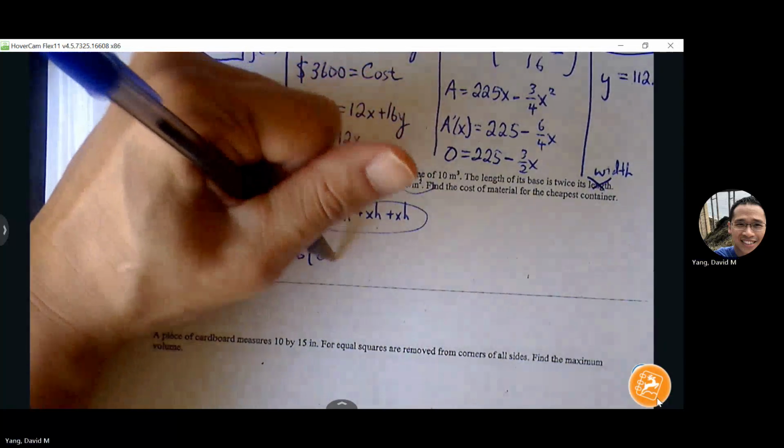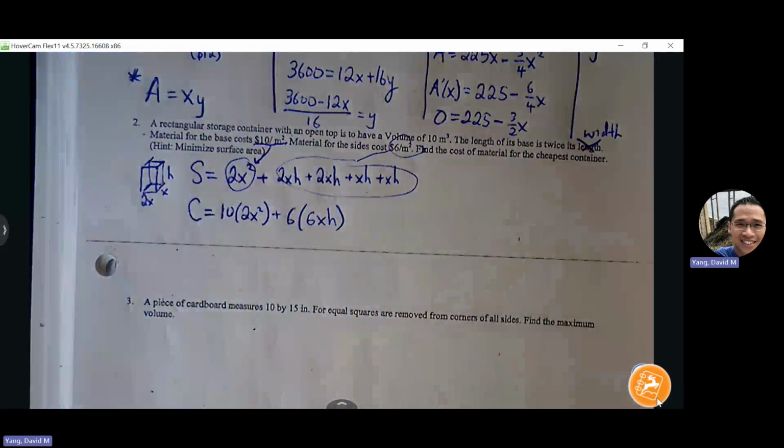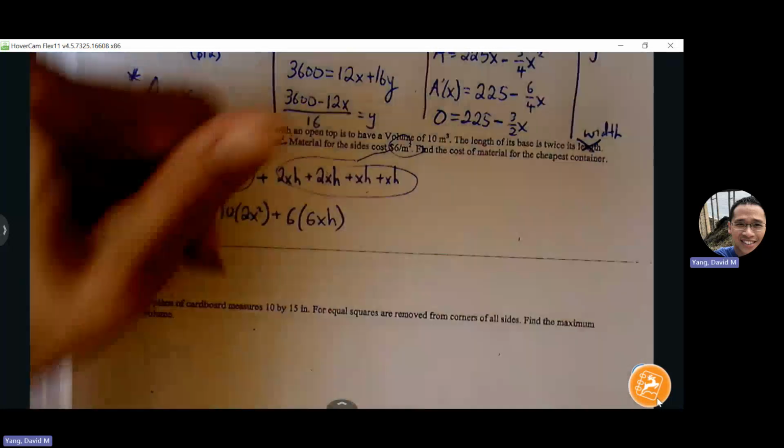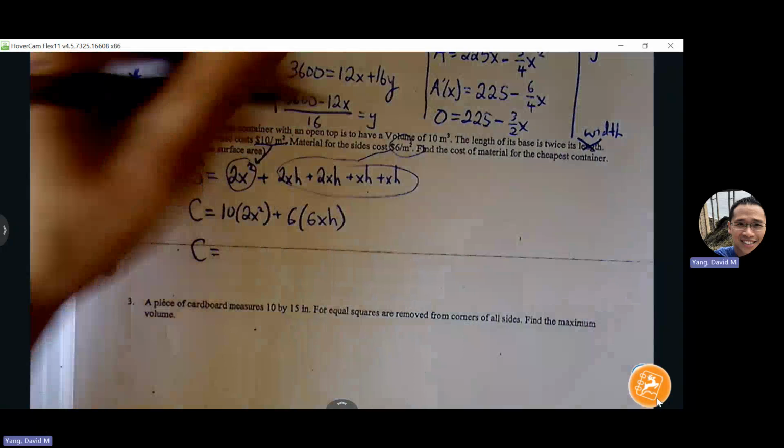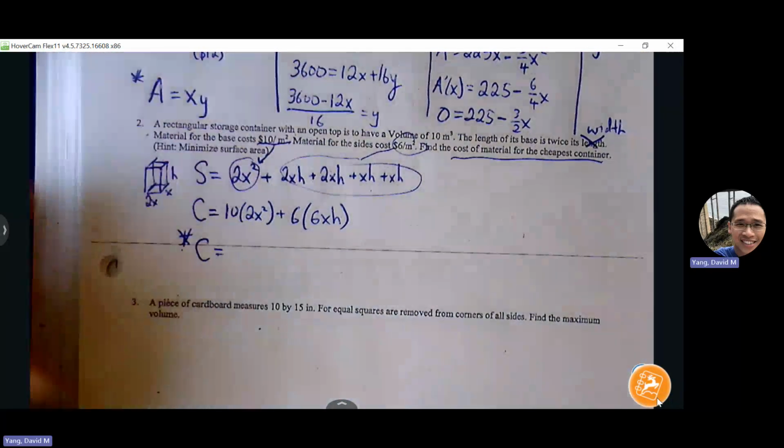Add the like terms here, 2, 4, 5, 6. Okay, so I incorporated the cost into my surface area. And it says, find the cost of material for the cheapest container. So we're trying to optimize cost.